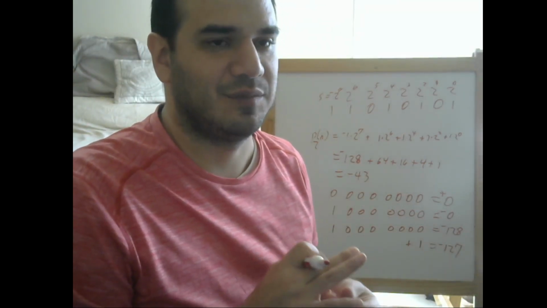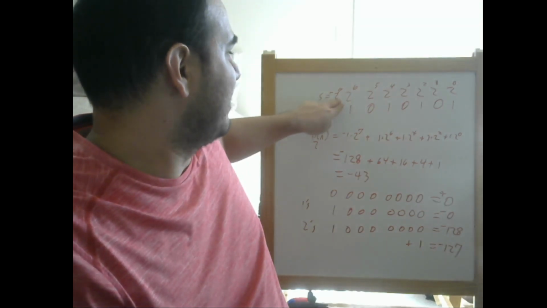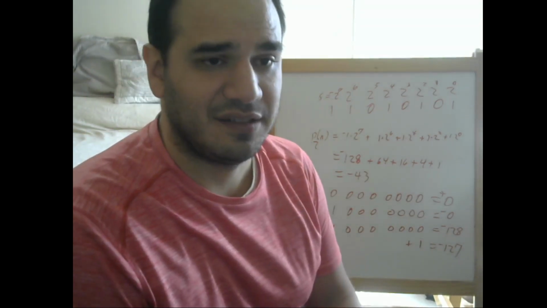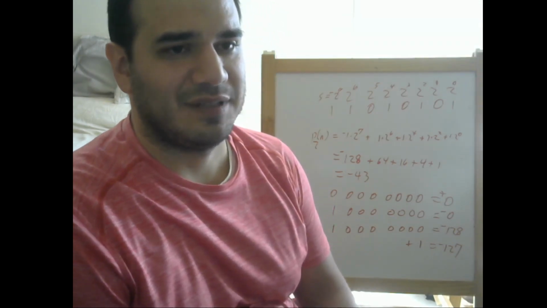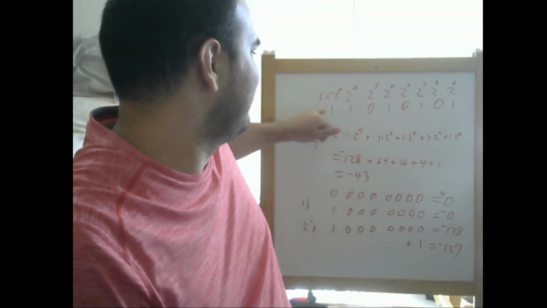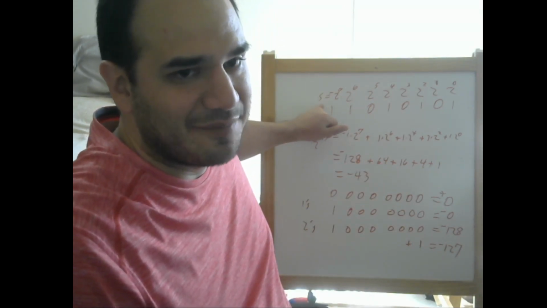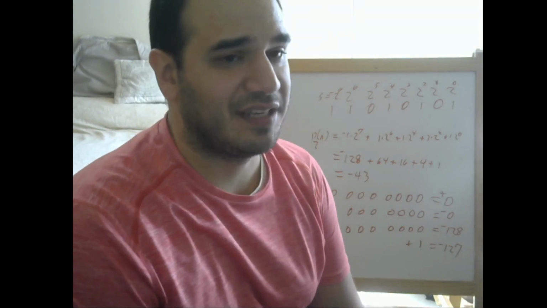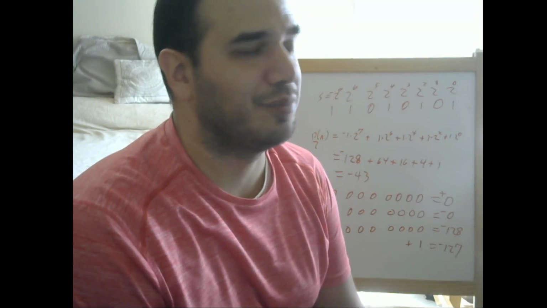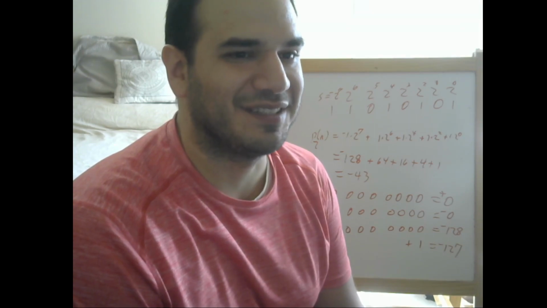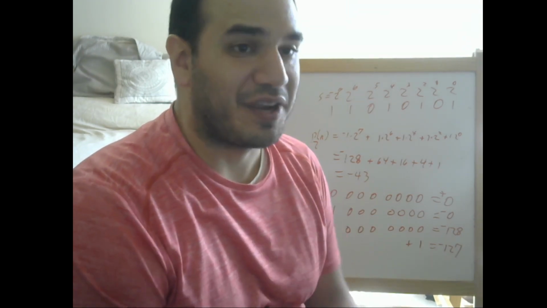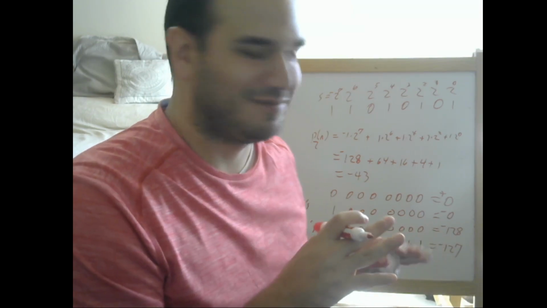That holds with 4 bytes. So with 4 bytes, then 2 to the 31, right? If it's a signed integer, a signed 4-byte integer, then the signed bit carries the value of -2 to the 31, which is something like 2.14 billion or something. Anyway, so that's 2's complement, right?